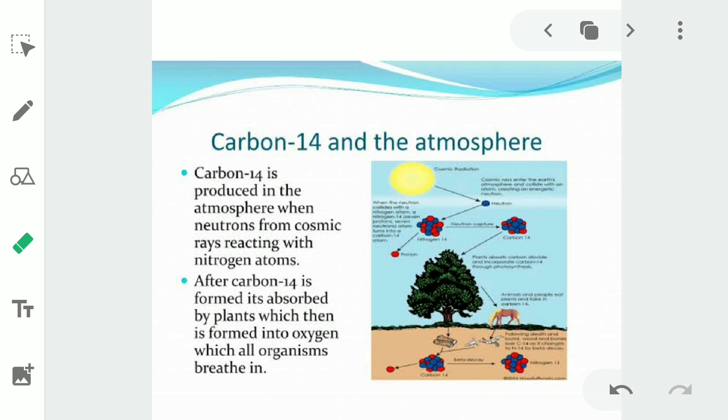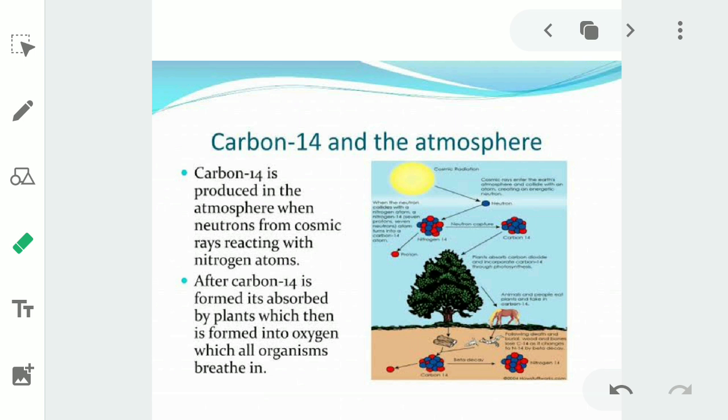Now how is carbon 14 produced? Carbon 14 is produced in the atmosphere when neutrons from cosmic rays react with nitrogen atoms. As the neutrons react with nitrogen atoms, carbon 14 is made.